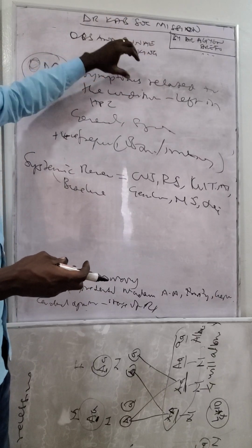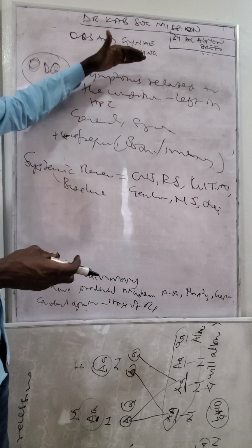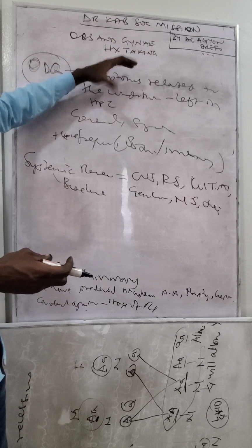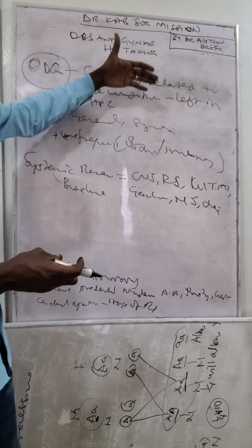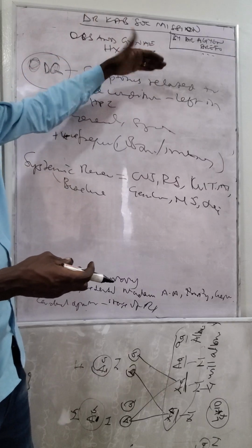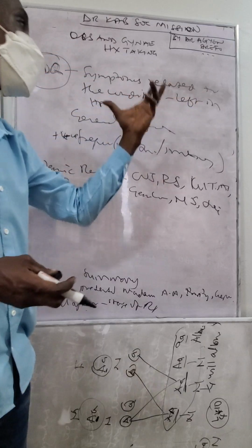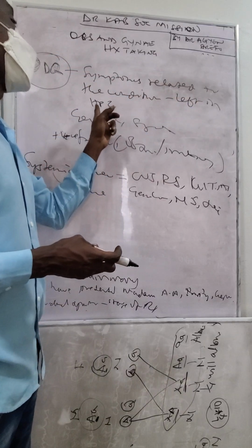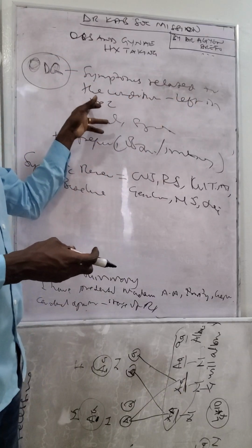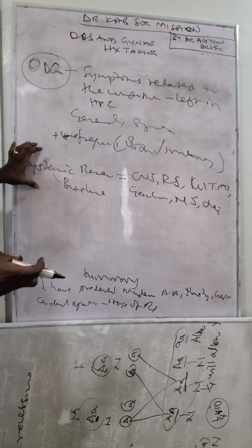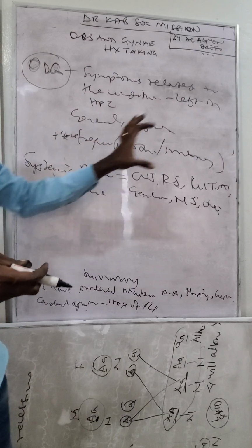The little features, I will not say minor or small, which you still need to add to make your history more spicy, is what you capture in the ODQ. So the symptoms related to the condition that you most likely left out or reserved for other parts will come under the direct question. Then the systemic review is just to make sure that you get the baseline for all the systems.